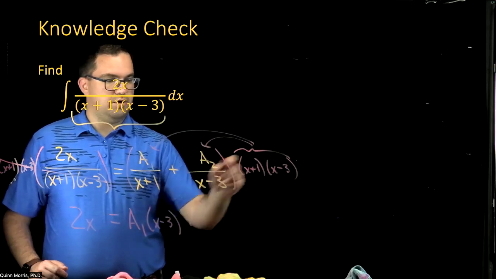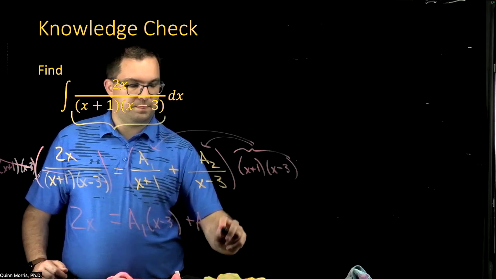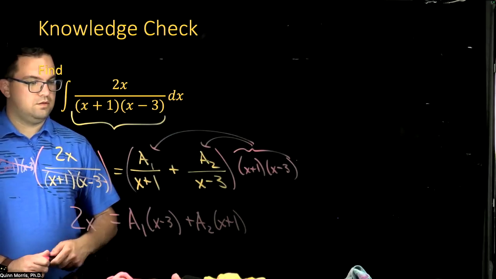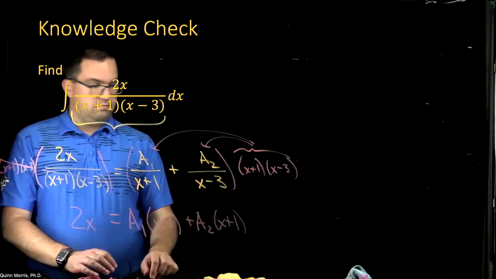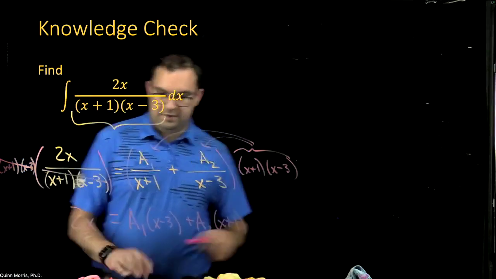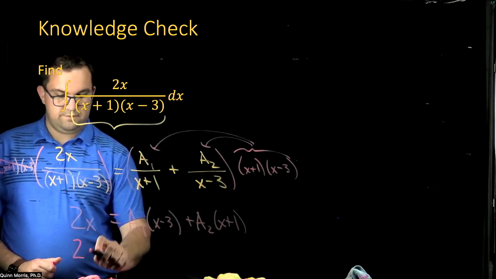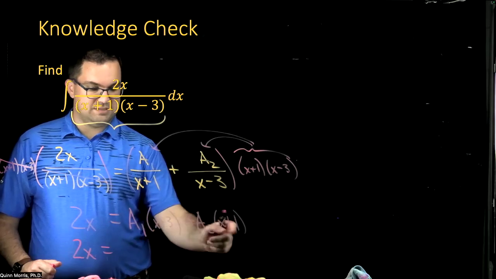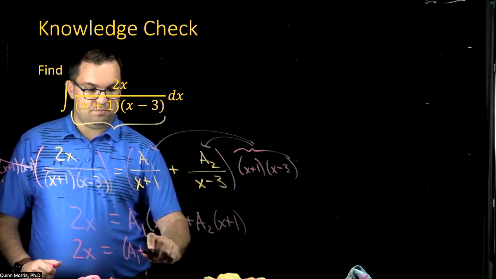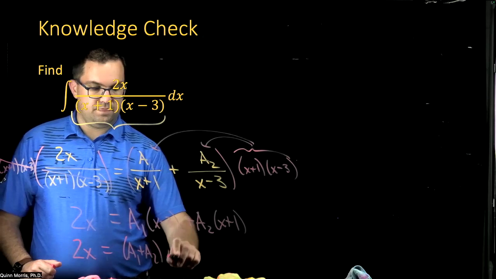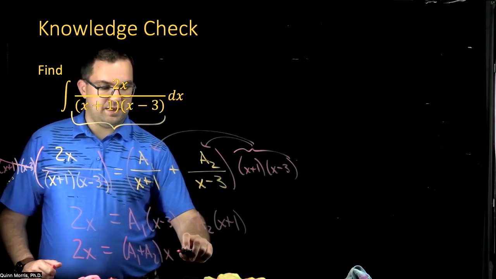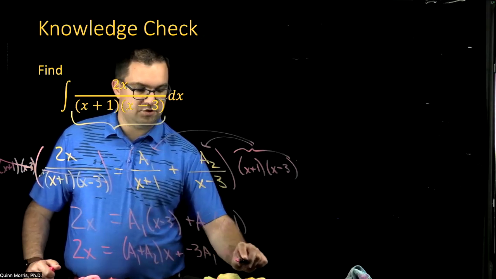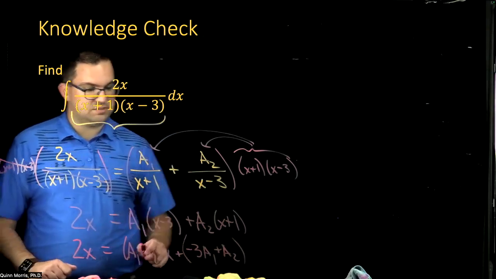And when I distribute here, I'll end up with A2 times x plus 1. Now, if I distribute this out, I'll get an A1x and an A2x. So I'll get A1 plus A2 times x. And then I'll get a minus 3A1 and a plus A2 for my constant terms.